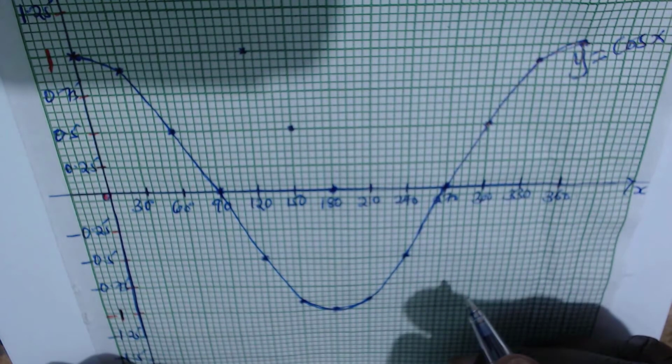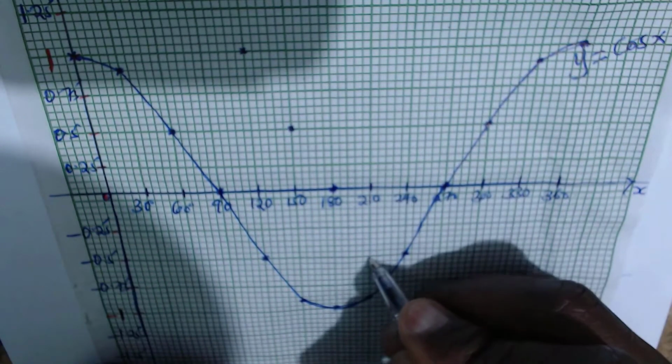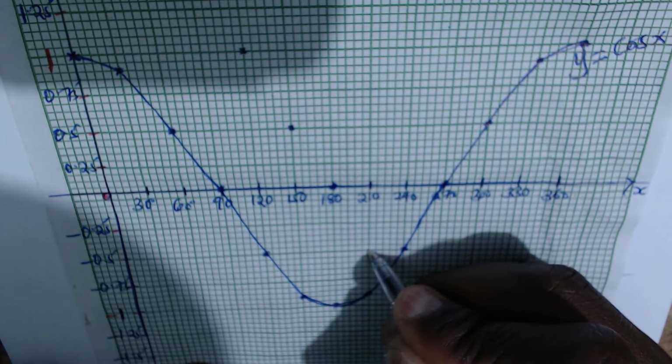Then we have 210, negative 0.5. 210, negative 0.5, we approximate that to negative 0.5.